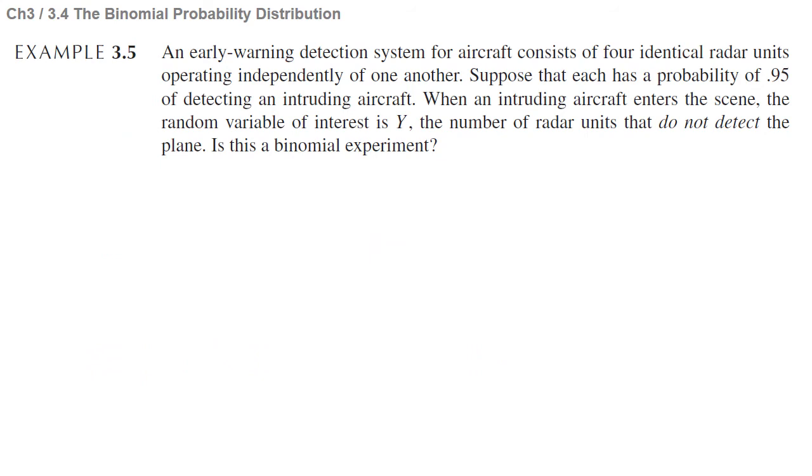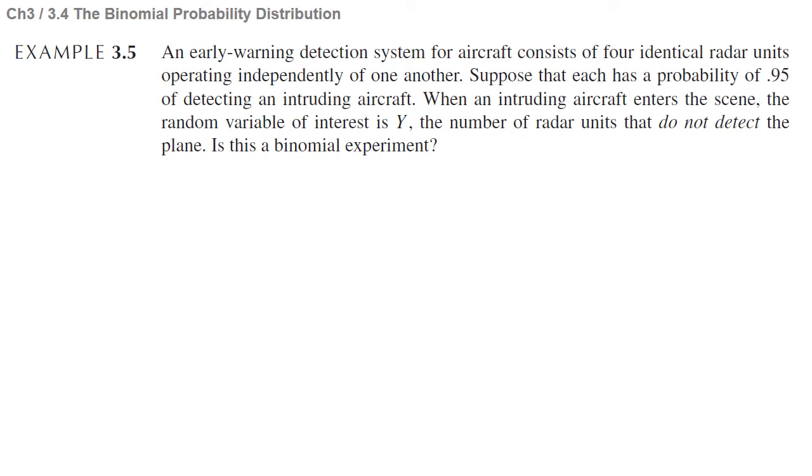Okay, let's go through example 3.5 to understand the binomial probability distribution. An early warning detection system for aircraft consists of 4 identical radar units operating independently of one another. So we have 4 identical radar units to detect aircraft for early warning.